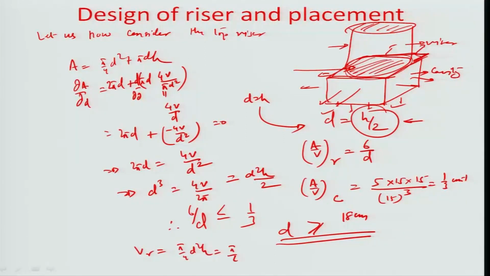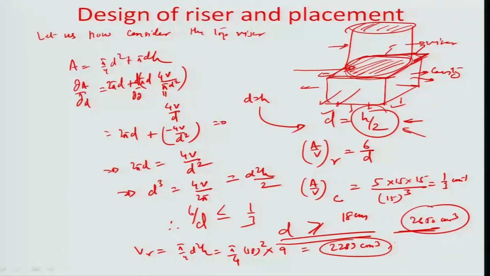In this particular case, it would be pi by 4 times the square of 18 times h, which is 18 by 2 because of the optimum condition which has been hit upon here. So, that becomes equal to 2289 centimeter cube, which is very close and reasonable to the value that had been earlier obtained as 2650 centimeter cube, the minimum riser volume that is necessary.